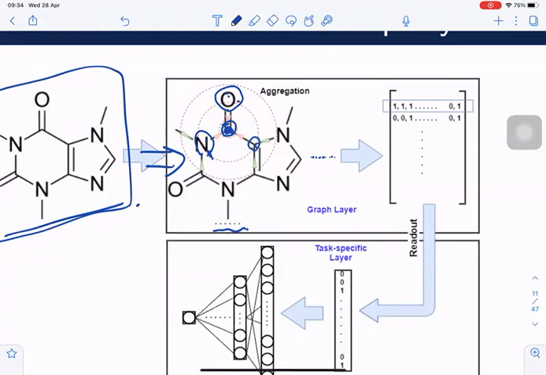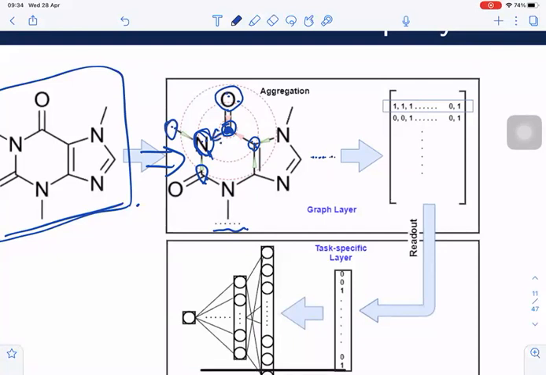But now in layer 2, the nitrogen, oxygen, and this carbon have already been updated by their own neighbors. For example, if we want to update the nitrogen, the carbon and the atom here also update the nitrogen.